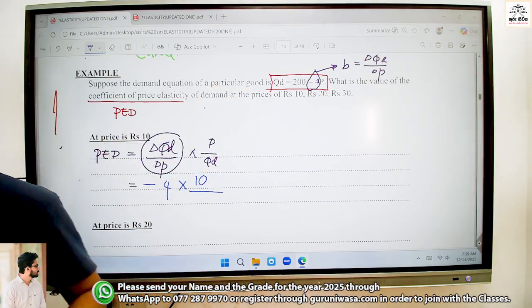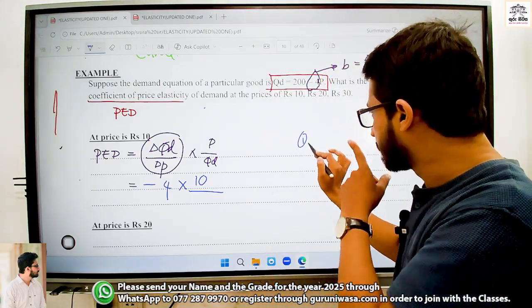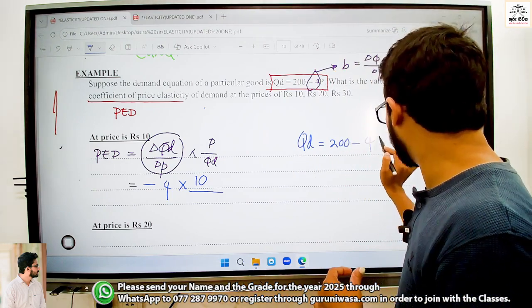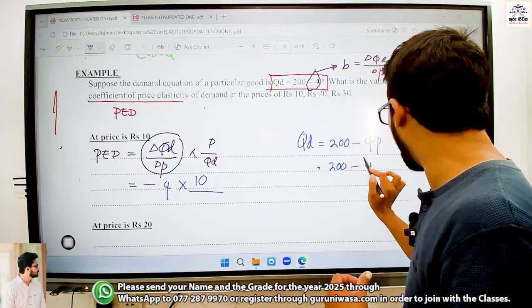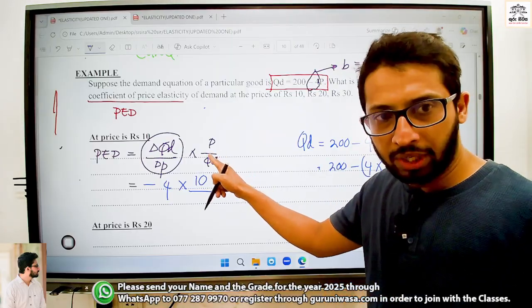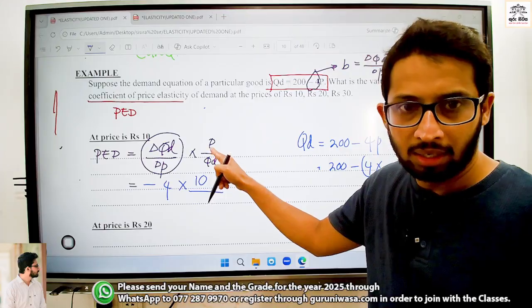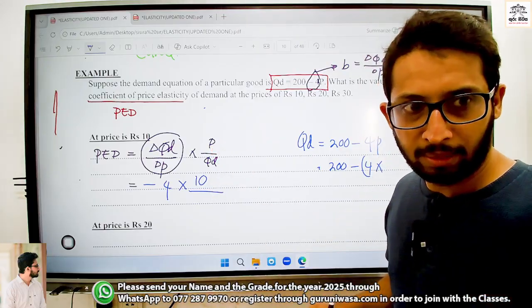Use your equation. Your QD equals 200 minus 4P. I want you to calculate quantity demanded at price 10. How many units are being demanded at price 10? It's not given.